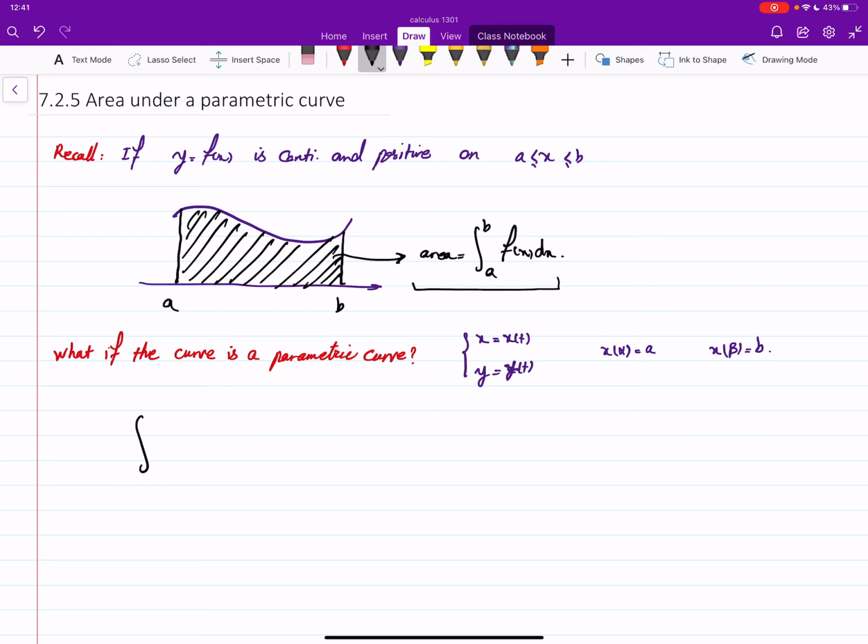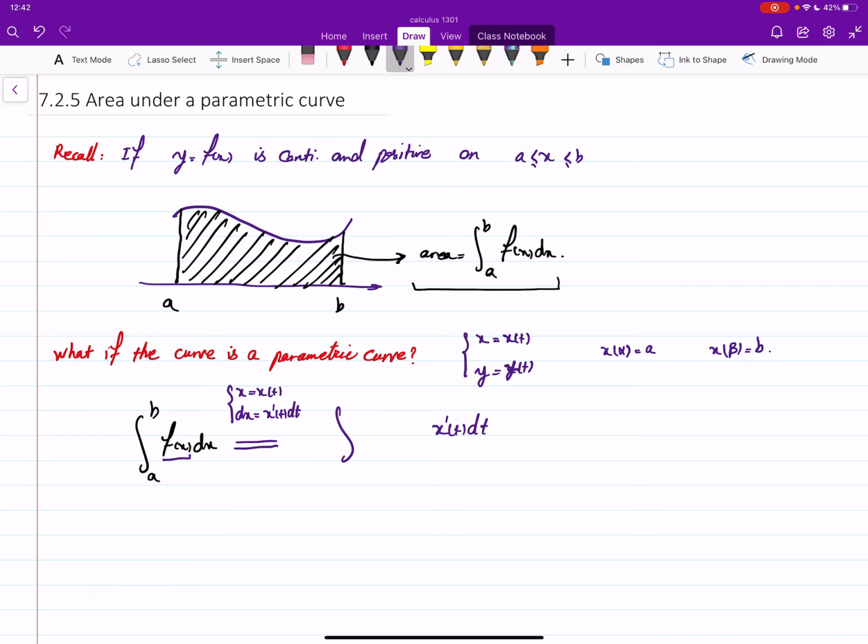Now, I start from that formula, and I want to bring in t here. So basically, I start the substitution x equals x of t. As a result of that, dx is going to be x prime of t dt. So that is the first thing. Instead of dx, I'm going to write x prime of t dt.